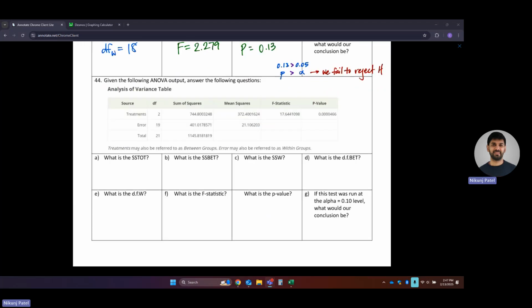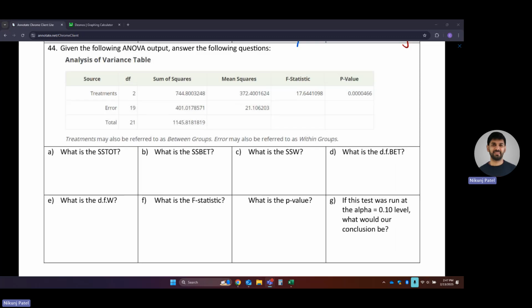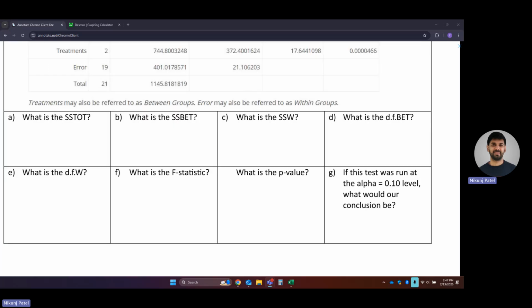Number 44 is just another example practicing the same thing. You can test out all these other ones. For the very last part though, comparing this p-value with our alpha of 0.10, I'm just going to work that part out here because I assume you can figure out where these are in the table.